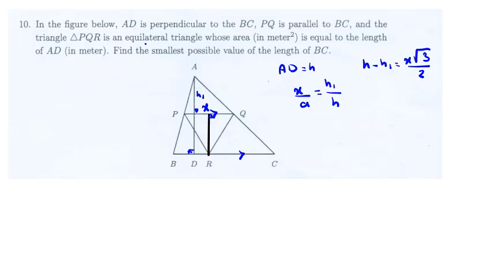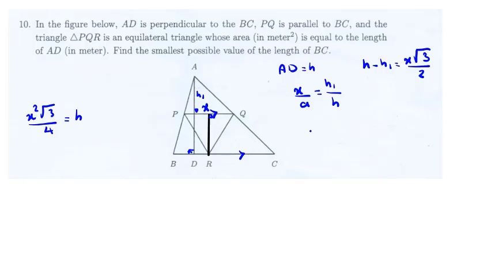The problem says the triangle PQR is an equilateral triangle. Area of PQR is x squared root 3 over 4, which is equal to the length of AD, which equals h.